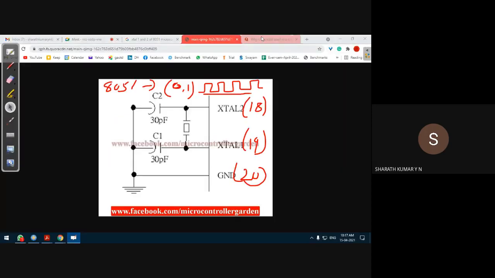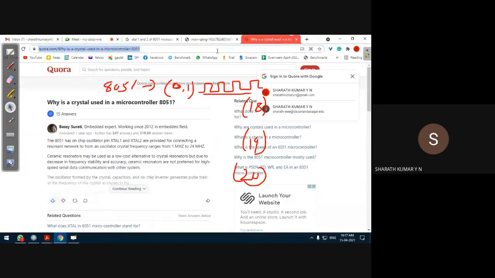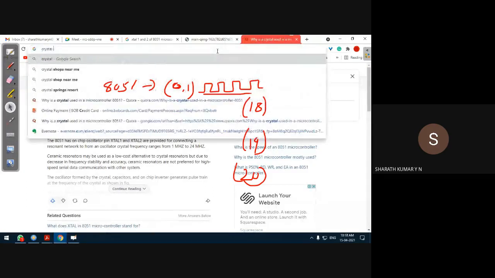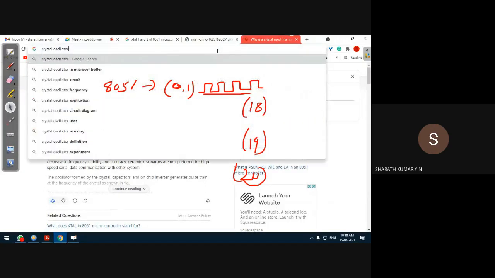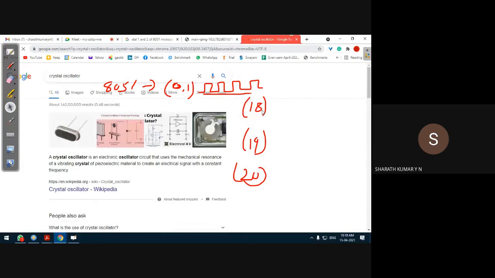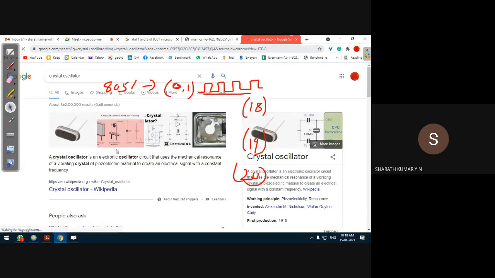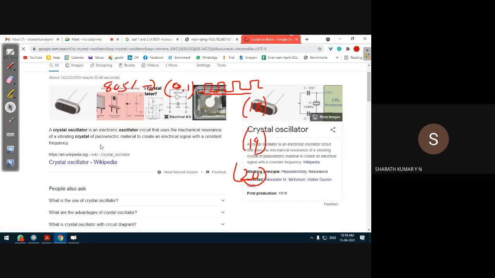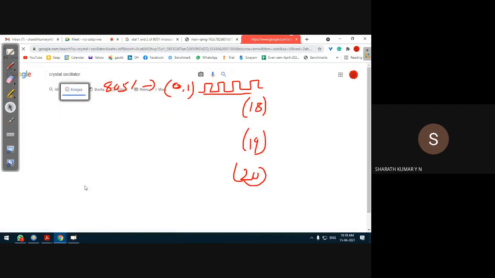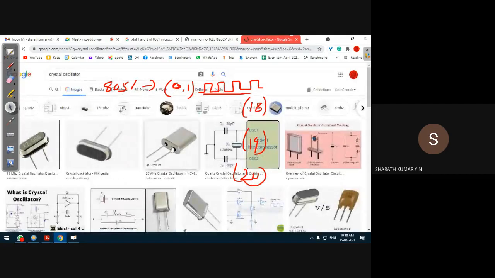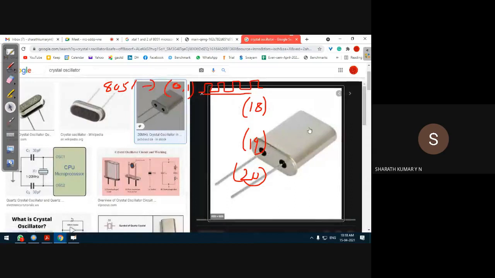Let me quickly open a crystal oscillator image. Yeah, something like this. You have come across this, guys.